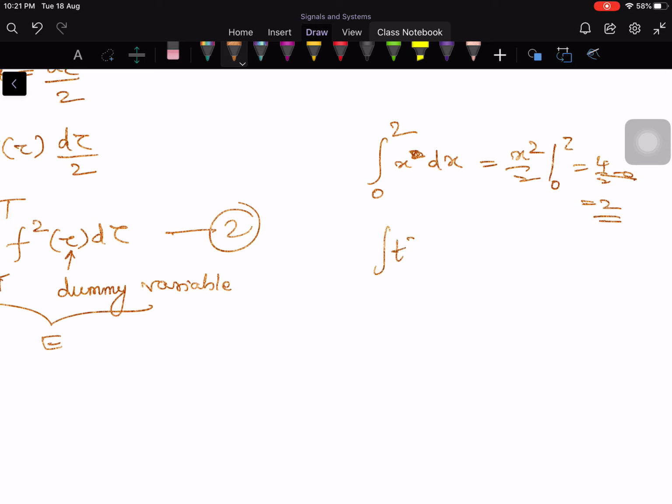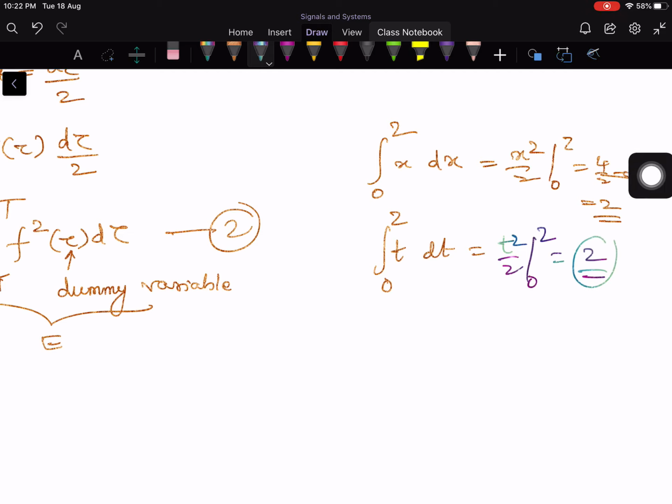Similarly, t into dt, 0 to 2. This is equal to t square by 2. The limit is 0 to 2, which is again 2. Therefore the final value is independent of what the variables are.